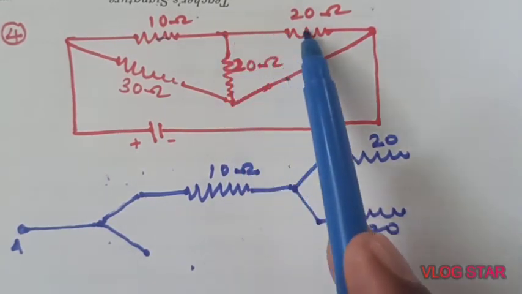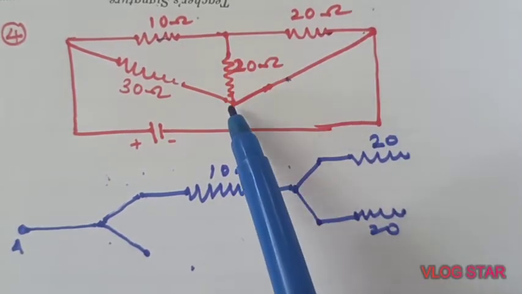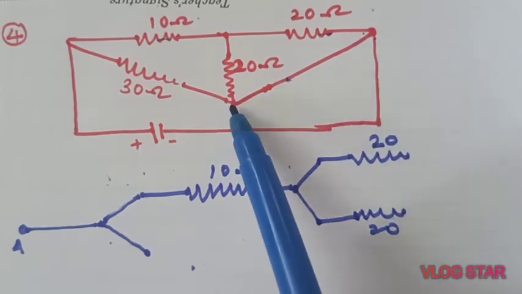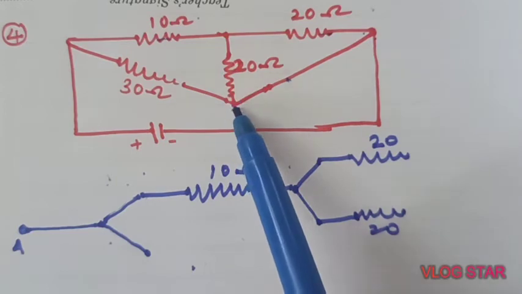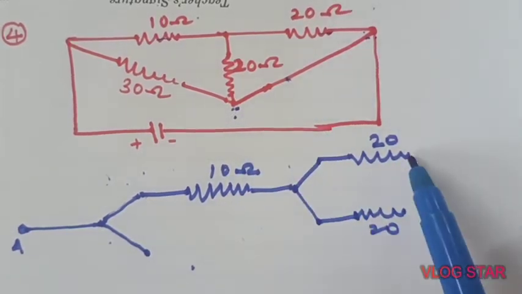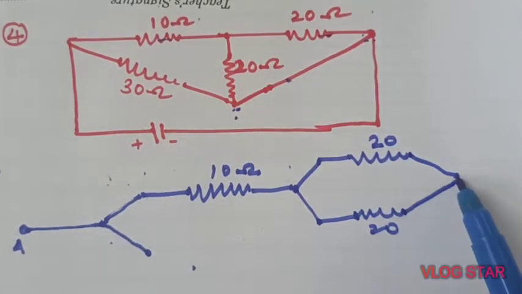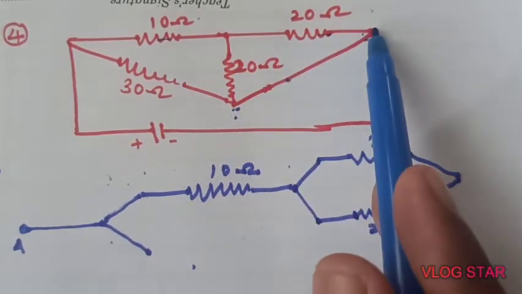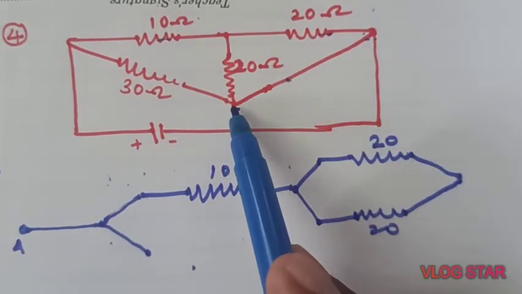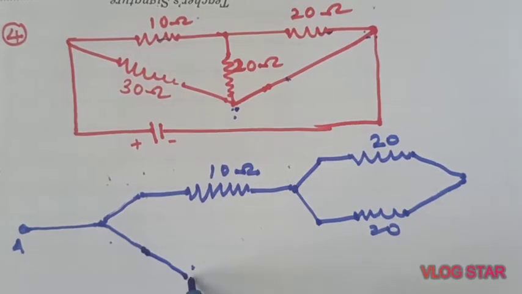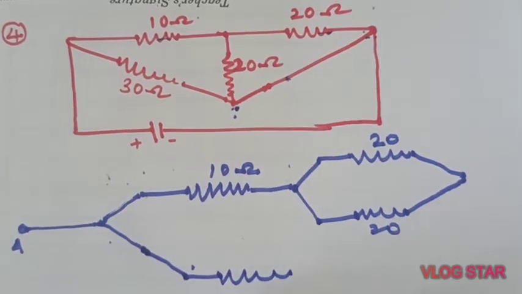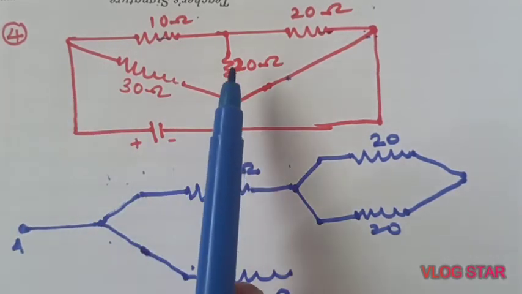But what happened? This 20 and this 20, though these two points are different, are connected to each other, meaning the ends of these two 20 ohms are joined together, isn't it? So the points are different. Look here, 20 here, 20 end is here, but they are connected. Now what about this 30? This is the second branch of 30 ohm, which joins with the end of this 20.